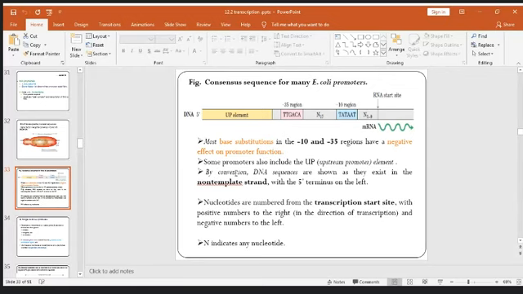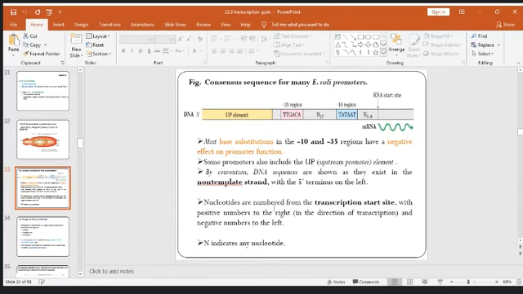And by convention, the DNA sequences are shown as they exist in the non-template strand, with the 5' terminus on the left side. What usually distinguishes this? When the template and non-template strands of DNA are separated, as I told you before, RNA polymerase reads the template in the 3' to 5' direction, while synthesis proceeds from 5' to 3', such as in DNA polymerase. So the strand in the 3' to 5' direction is usually taken as the template or parental strand.